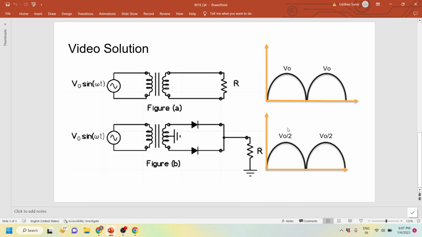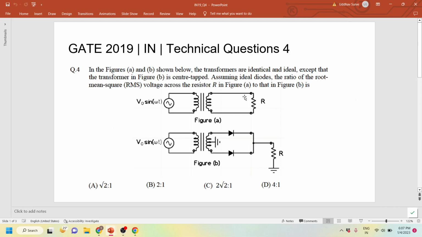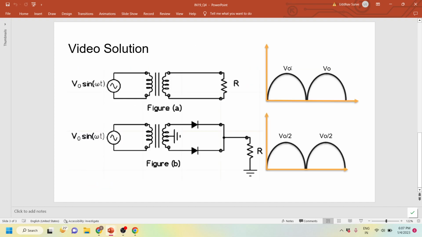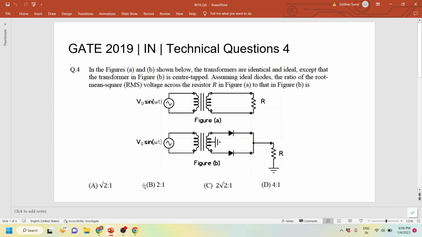So when two voltages are in the ratio of 1:2, the RMS values comparison will also be in a ratio of 1:2. So when asked figure A to that of figure B, as we know, figure A has a voltage twice that of figure B, so the ratio will be 2:1, which is option B.